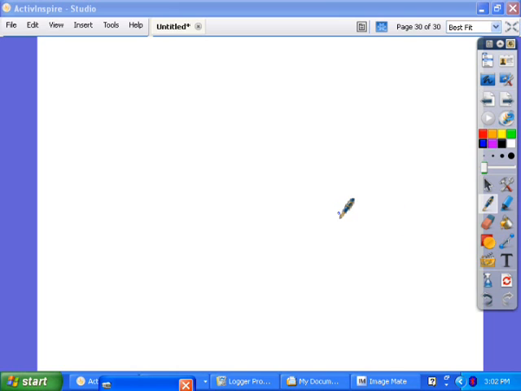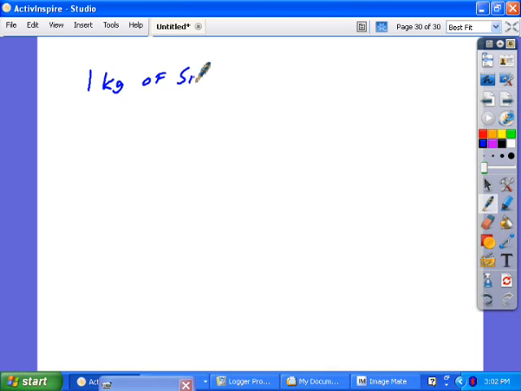Okay, so let's say that we have a sample that is 1 kilogram of silver.